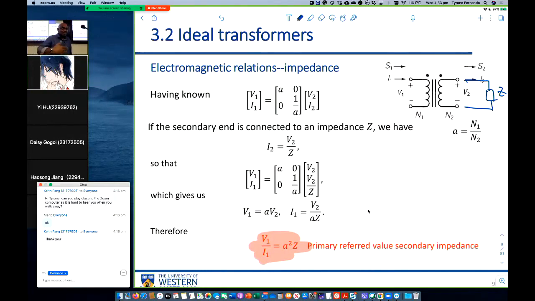The secondary says Z because V2 on I2 is Z, but V1 on I1 is in fact A squared Z. So what that tells us is that if you have an impedance Z on the secondary, we can bring it to the primary by multiplying that Z by the turns ratio squared, by multiplying by A squared. That's what that is telling us.